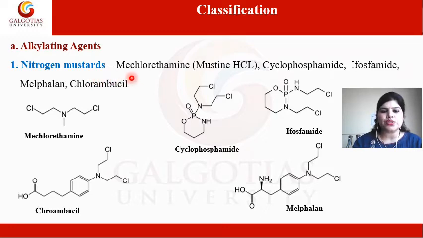They are substituted mustard gas with nitrogen atoms. The drugs that come under this category are mechlorethamine, cyclophosphamide, ifosfamide, melphalan, and chlorambucil. These are derivatives of mustard gas. This is the structure of these drugs.